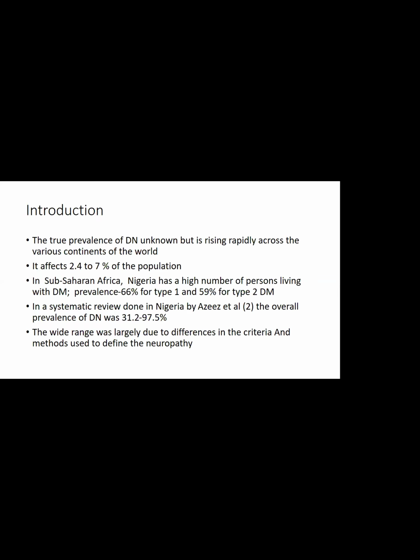There are different ranges in different populations. Even in Africa and in the UK, they are different. But I only come down to the Africa prevalence, especially Nigeria, which is wide, 31.2 to 97.5 by Aziz Eto from UCH.